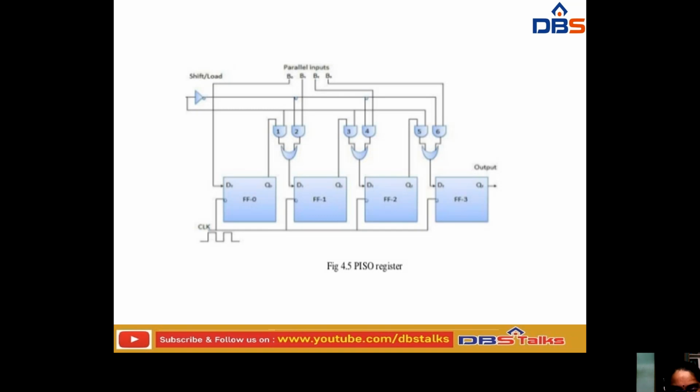All these outputs are coming serially. So whatever we are observing here, you have to check again and keep it once. From that we can say that it is in a parallel in serial out condition.